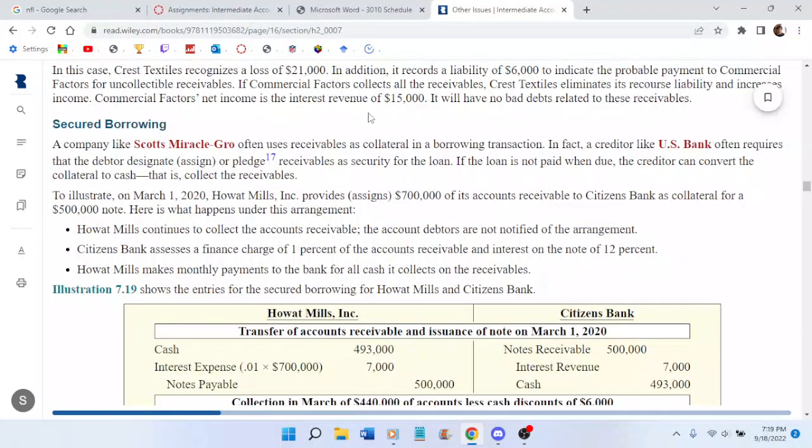Okay, my brain is not comprehending this section right now. Oh my goodness.